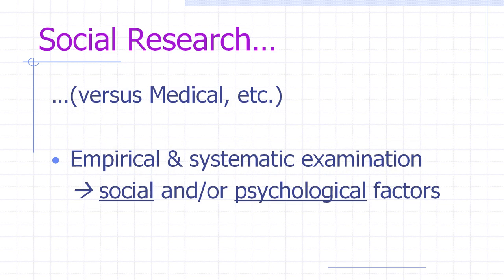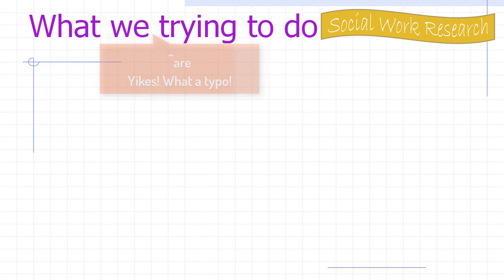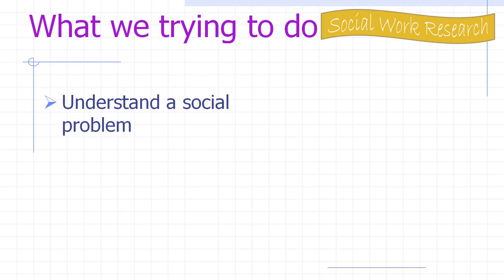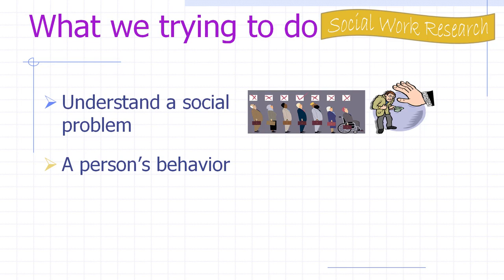So then social work is actually a type of social research. And in social work research in particular, what we're trying to do is usually understand a particular social problem, for example, racism or discrimination, poverty, or a person's behavior.